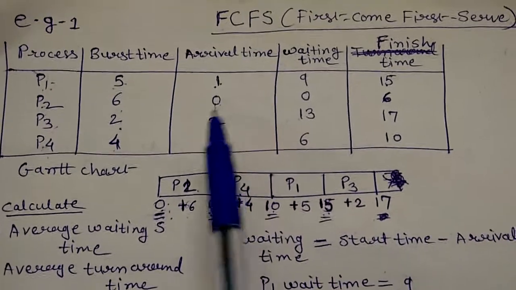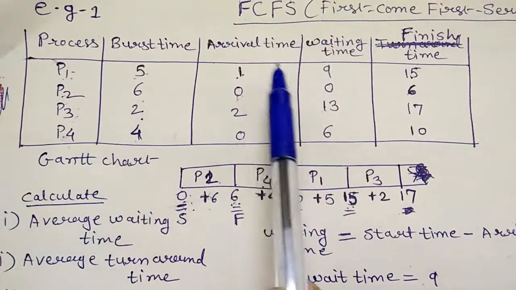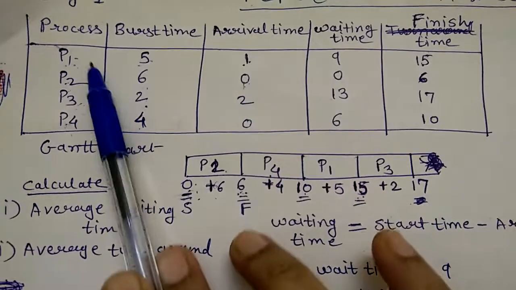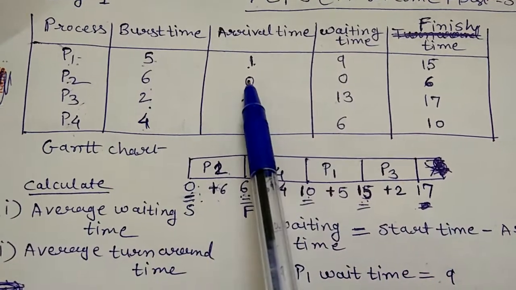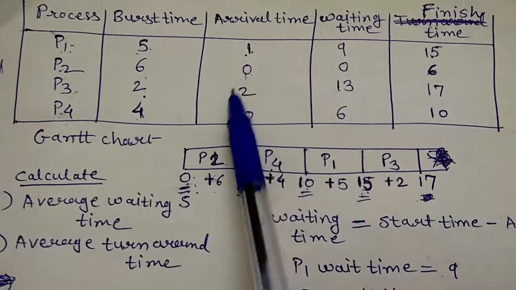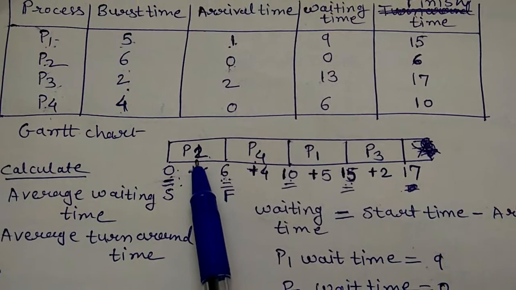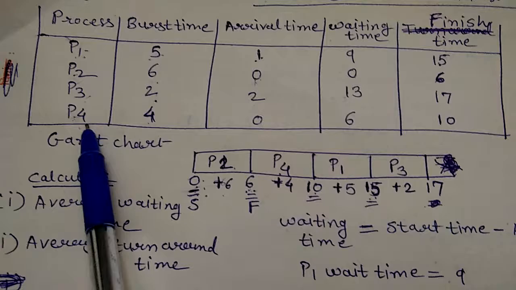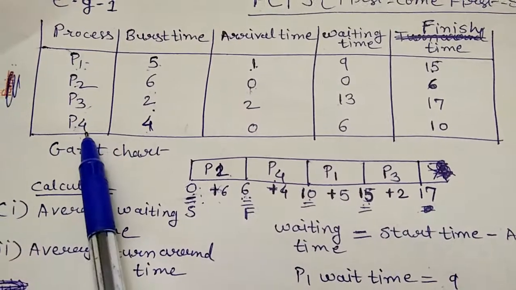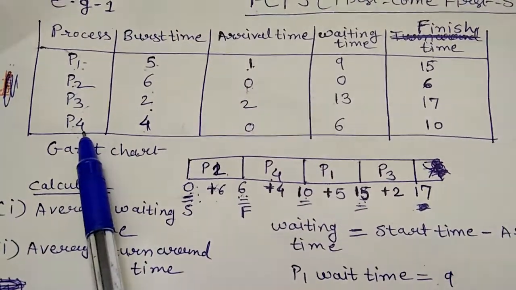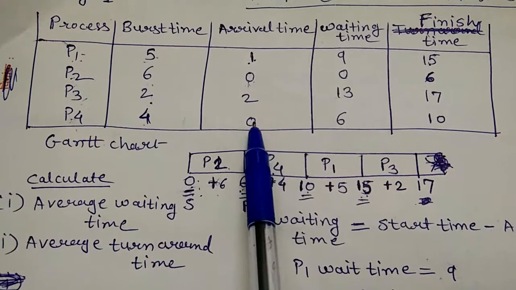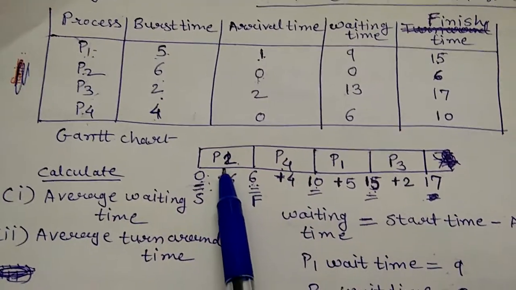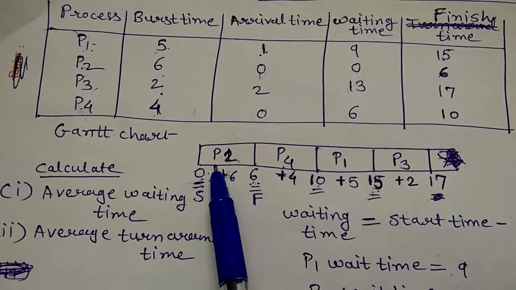So as we know, the arrival time of P2 is first in the series. That means 0. So in the Gantt chart, P2 will be written first. Next, P4 arrives at the same time, that is 0. So in the series, since P2 has arrived first, I have written P2 first.